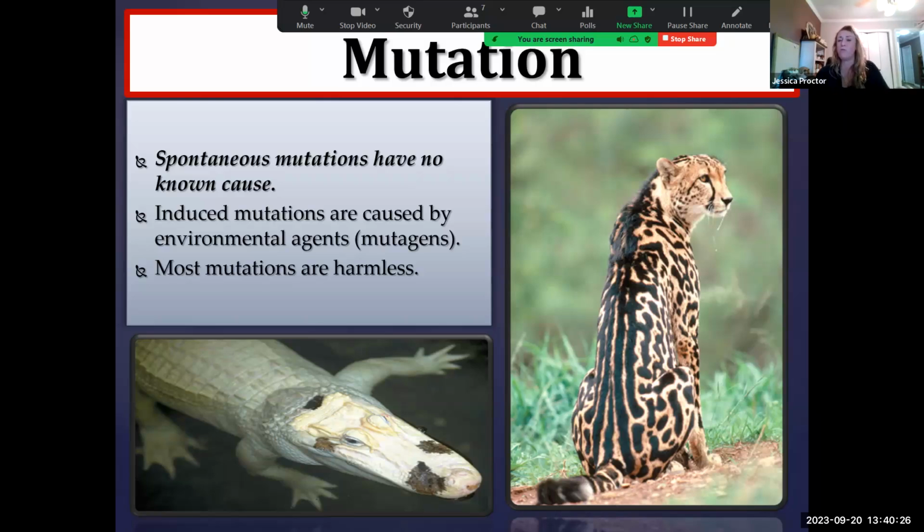So there are what we call neutral mutations that have no positive or negative impact. An example of this, look at this cheetah here. You can see that the majority of the cheetah's fur is that spotted, patched pattern that we're accustomed to, but on his or her back, we see these vertical lines. So there's a mutation that's causing just that section of fur to be vertical lines instead of patches.